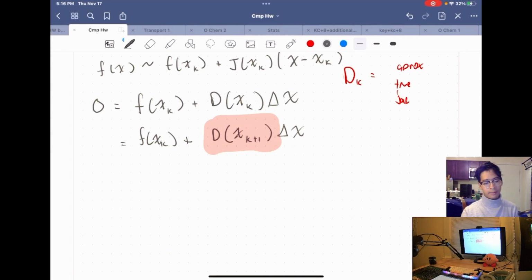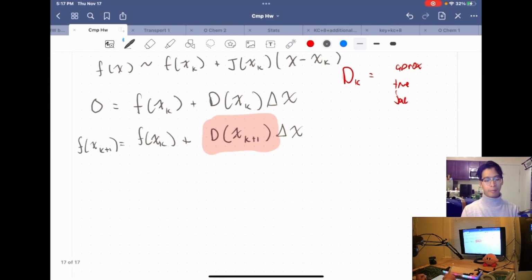So this instead will equal the result of the exploratory step, f of x k plus 1.